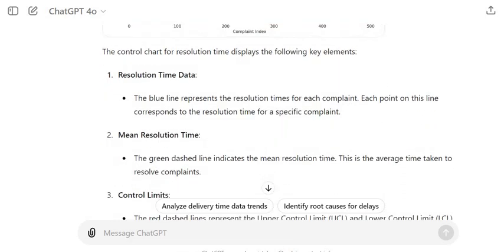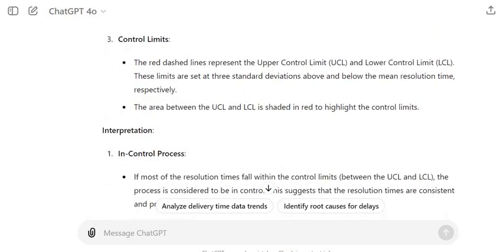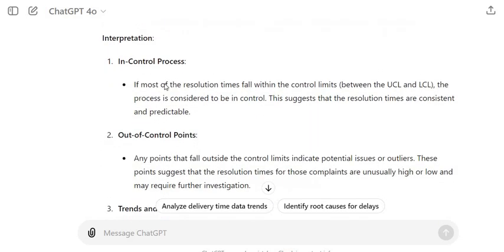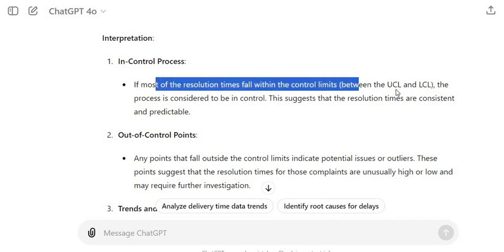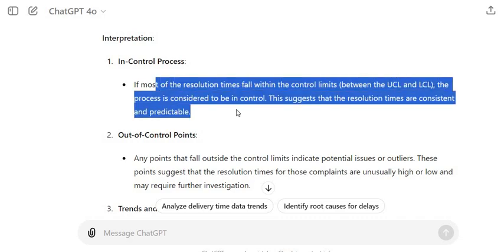So the resolution time data mean represented, it is interpreting it. In a control process, if most of the resolutions fall within the control limits, the process is considered to be in control. If all the points fall between the lower and upper control limits, the process is considered to be in control.